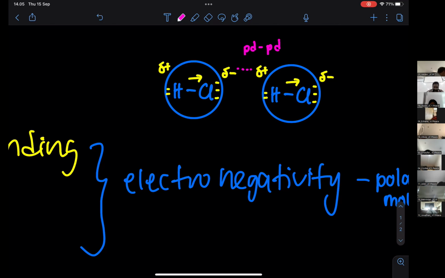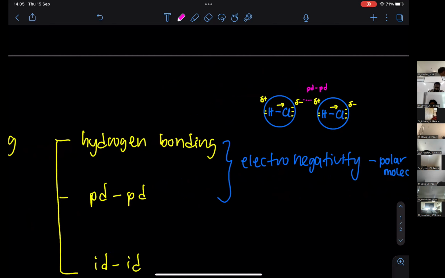But hydrogen bonding is a special type of PD because it involves hydrogen bonded to NOF: nitrogen, oxygen, and fluorine. These are considered the most electronegative elements in the periodic table.